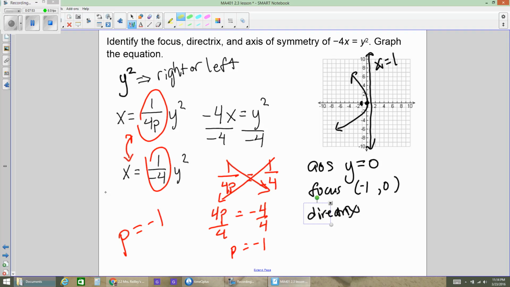What I want you to notice is that if it is an x equals equation, it's an x equals directrix. And that also means it's got to be a y squared, which is to the right or to the left. Okay? Make sure you're asking questions, but let's go ahead and try another.